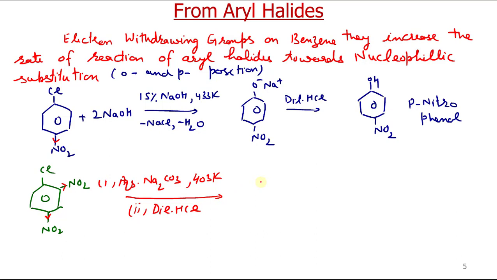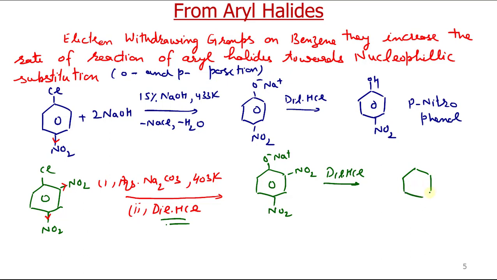The product will be, I will write it here, O negative Na positive, NO2, NO2, upon dilute HCl. We have already added dilute HCl here. This is the second step. I will write dilute HCl separately so that you don't get confused.